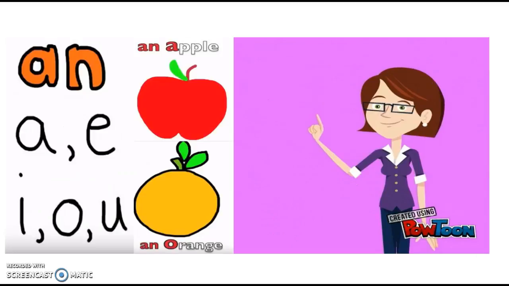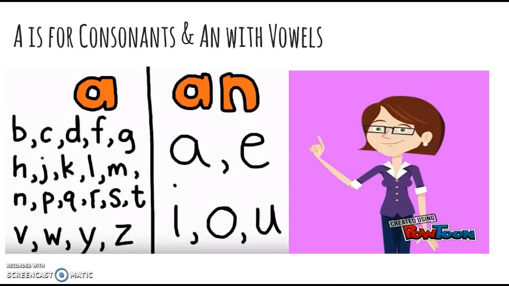Now when do we use the article an? Like I said before, when we're using vowels, A, E, I, O, U. And you can see here, an apple, an orange. So once again, a is for consonants, and an with vowels.